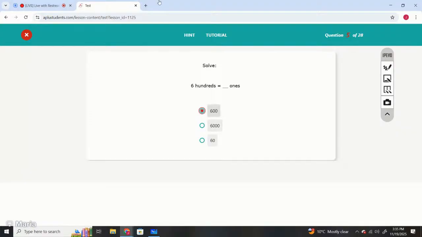That is 600 ones. Option number 1 is the correct option. 900 equals how many ones? 900 equals 900 ones. Option number 1 is the correct option.